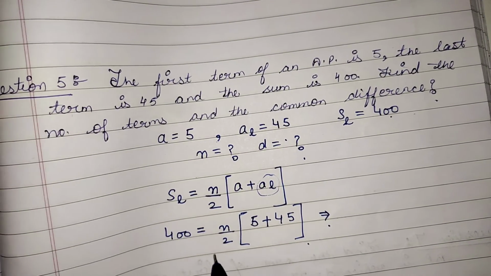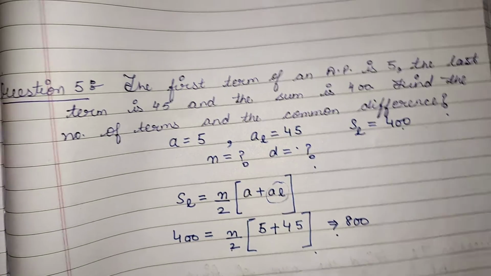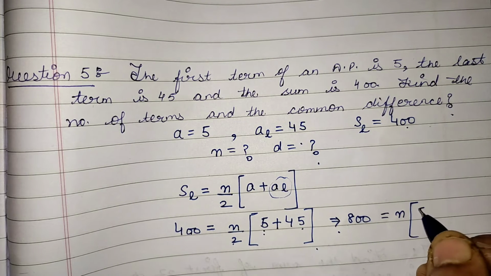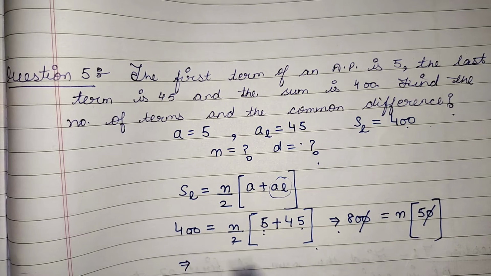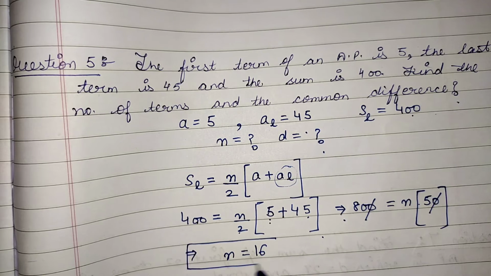Okay, so now this 2 will go here and it will be multiplied, so it will become 800 is equal to n into (5 plus 45), which is 50. 0 and 0 will get cancelled out, so my n will be equal to 16.